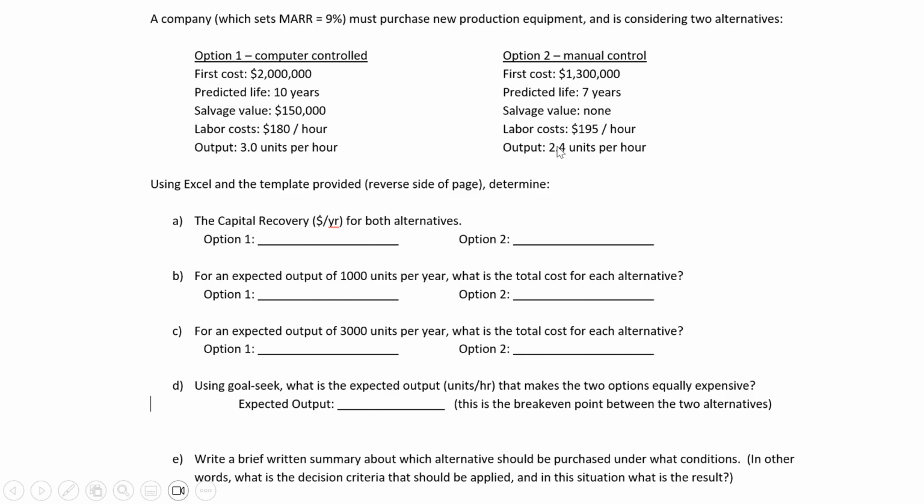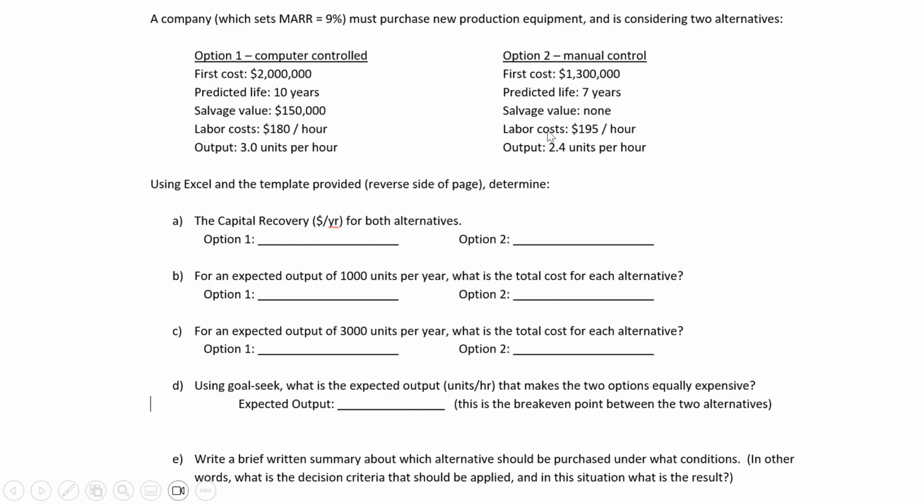So look, the two items have different output. The computer controlled equipment can do 3 things per hour. Whatever it's making, it makes 3 of them an hour.